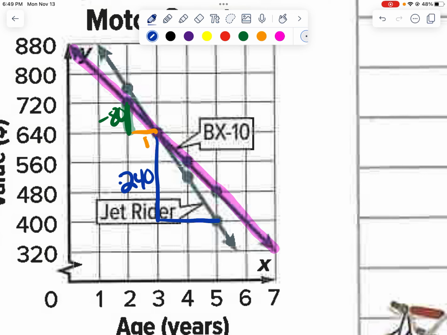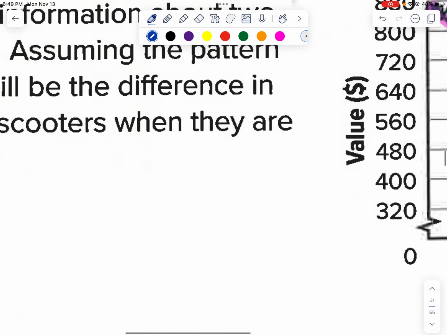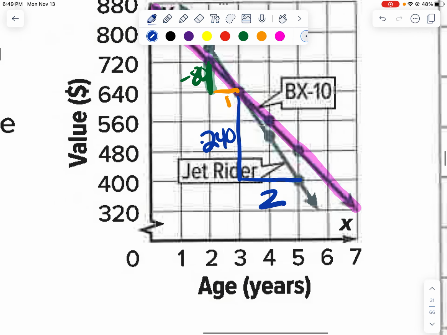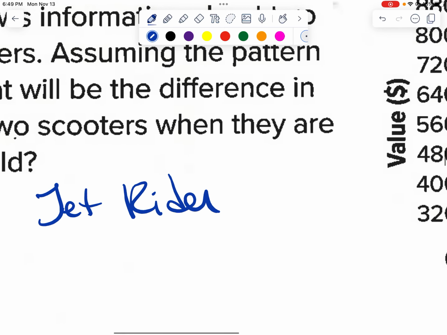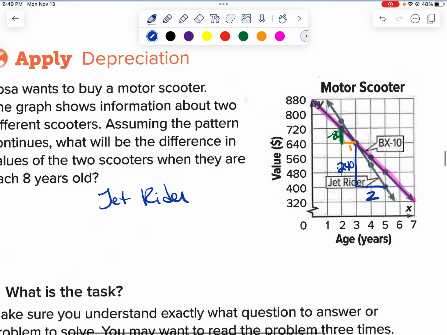And it went across 2. So jet rider, its slope is equal to negative 240 over 2, which is negative 120.